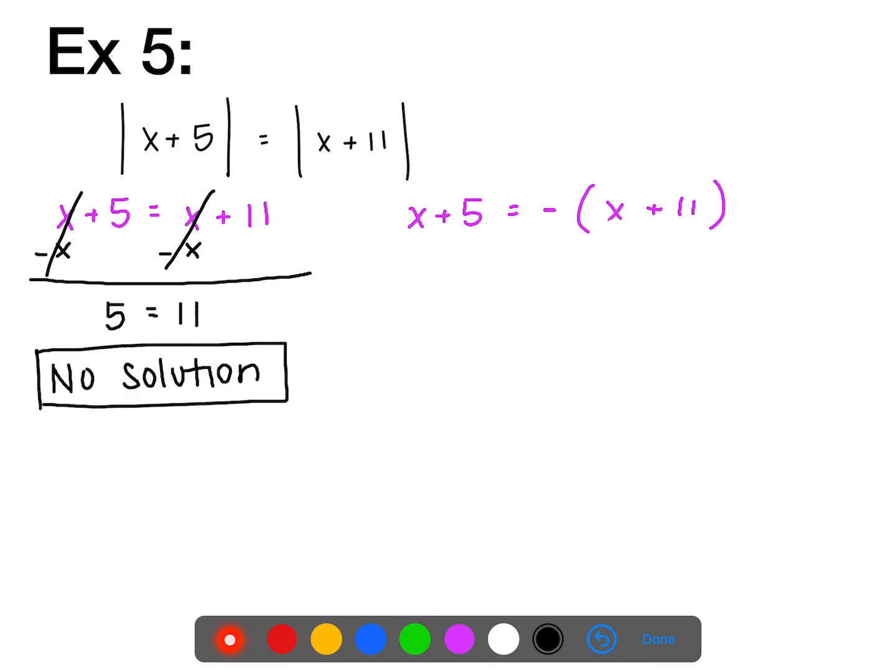And then when I'm solving my other side, the first thing I have to do is distribute this negative, which gives me x plus 5 equals negative x, negative 11. So now, in order to get rid of a negative x, I'm going to add x.